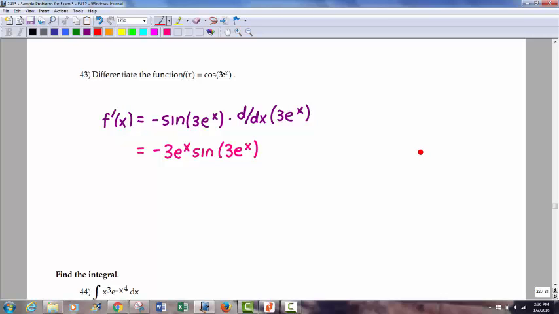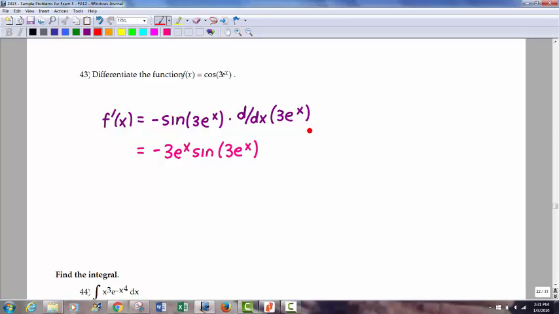So the derivative of cosine of u would be negative sine of u times du dx, via the chain rule. So we have negative sine 3e to the x times the derivative of 3e to the x, which I move out in front. So the derivative of 3e to the x would be 3e to the x.